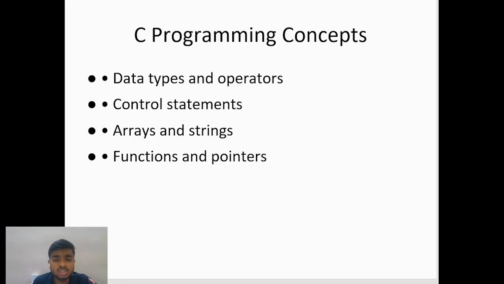During the internship, we learned data types, operators, control statements, arrays, strings, functions, and pointers. C language is preferred in embedded systems because it provides better control over memory and hardware. These concepts help us write efficient and structured embedded programs.